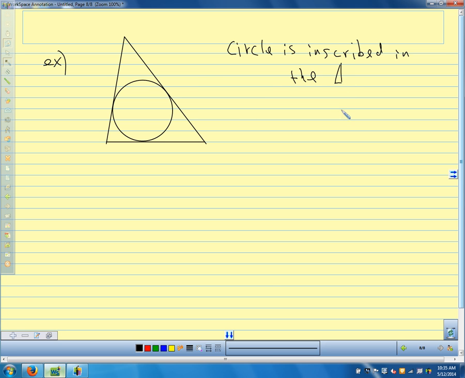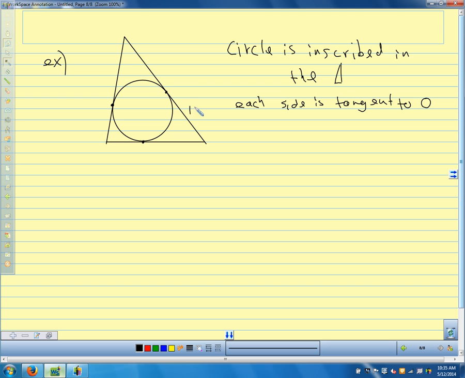So that tells us that the circle is tangent to the triangle at those 3 points. That's what inscribed means, that it only touches the sides of the triangle in 1 point. So each side of the triangle is tangent to the circle.